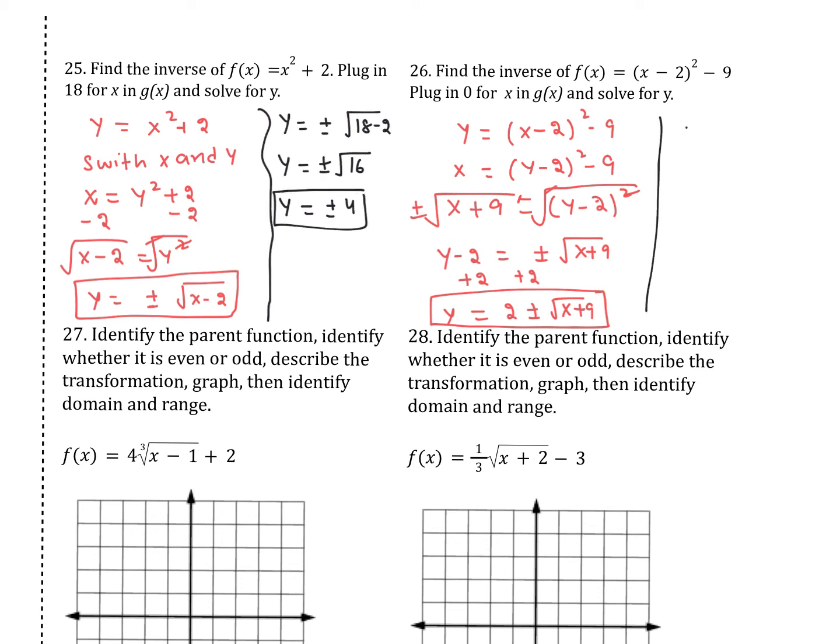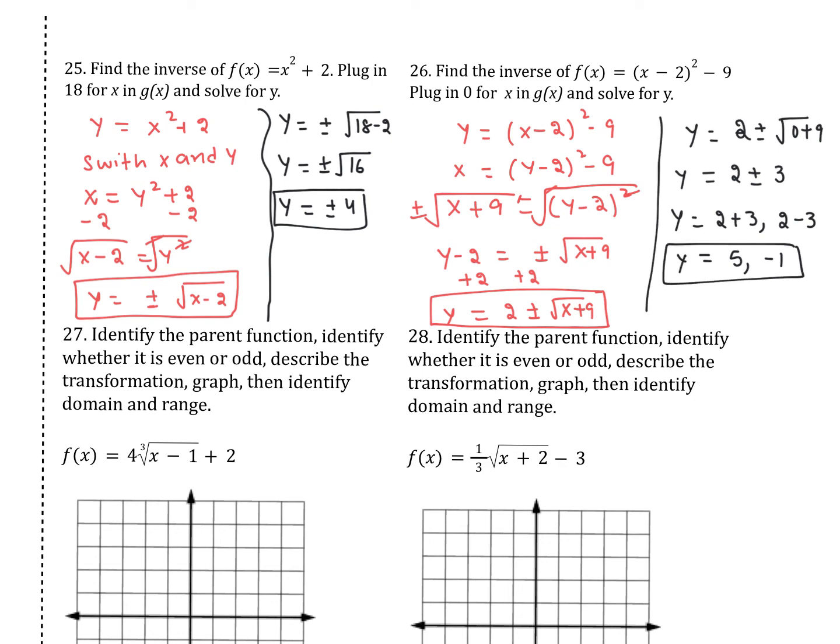In this case, you plug in 0 for x, and then you got plus or minus 3. So you got 2 plus 3 and 2 minus 3, so 5 comma negative 1 as your y.